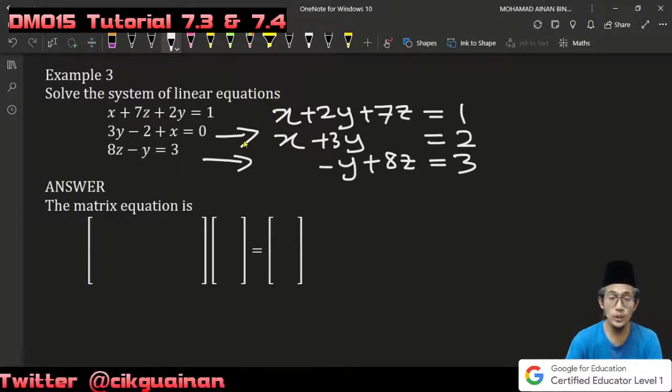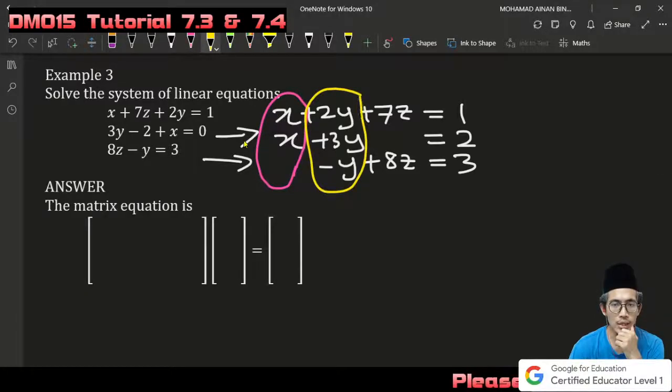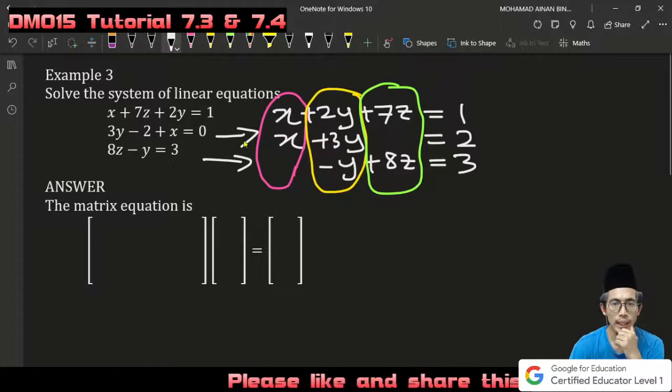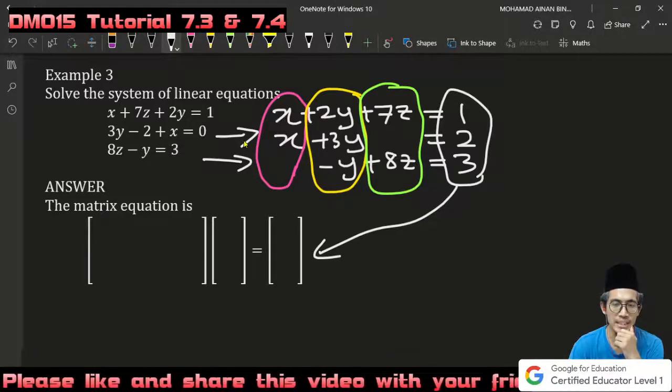This one is now correct. Now we can circle. The pink one we circle, the yellow one we circle, the green one we circle. Then we look at the numbers, first the ones after the equals sign.